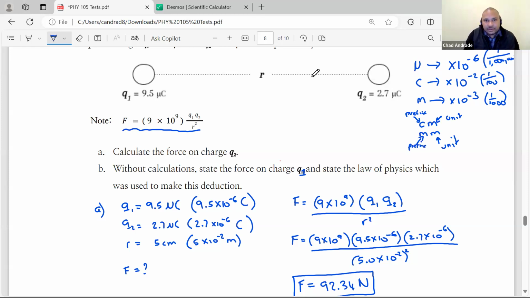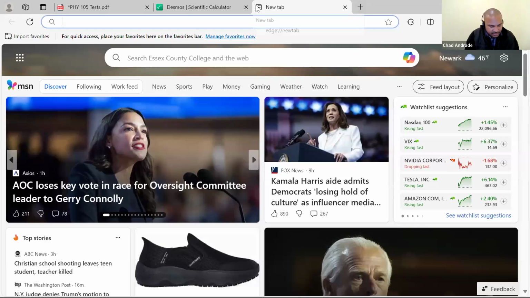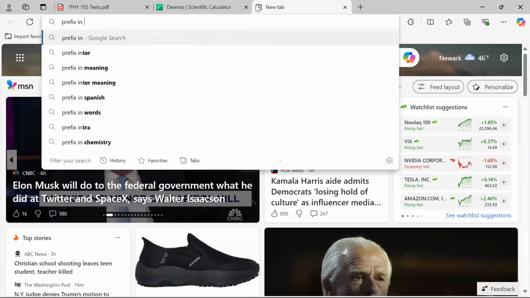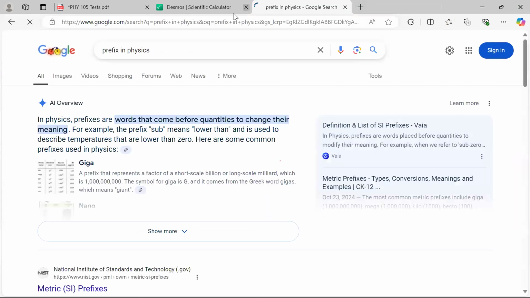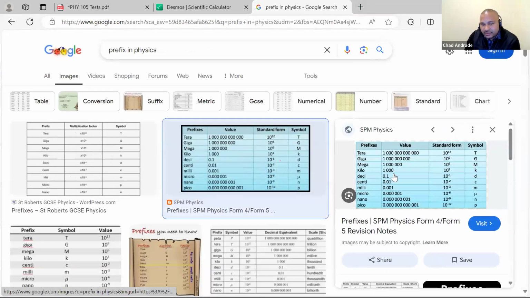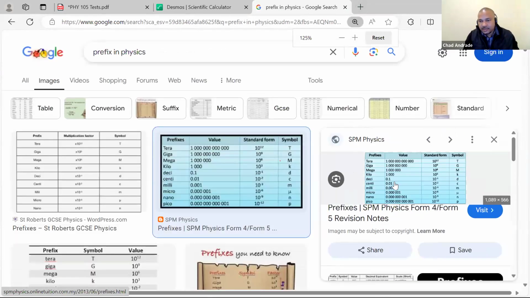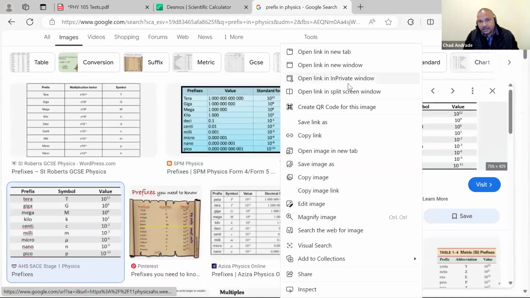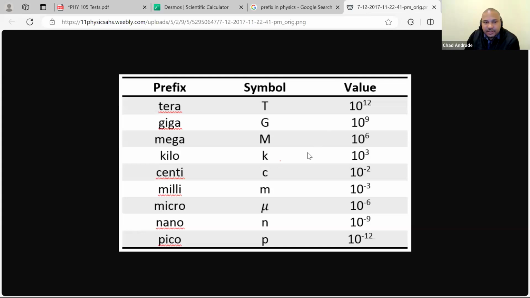Okay, so you're taking whatever the power is raised to with the 10, yeah, the prefix. Let me do an easy one. This would be a nice one.